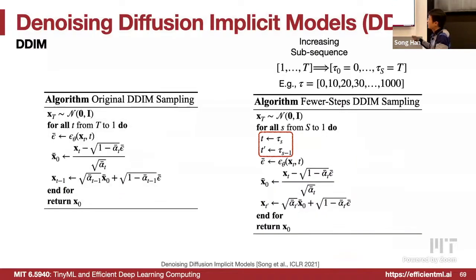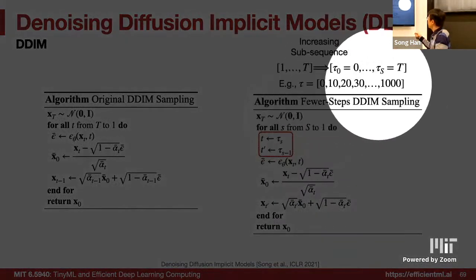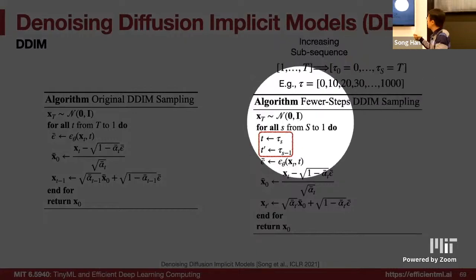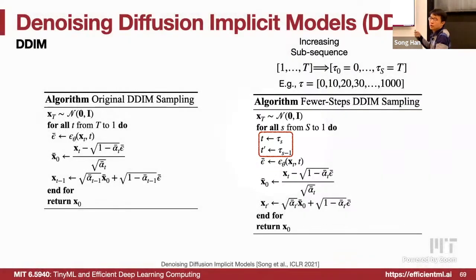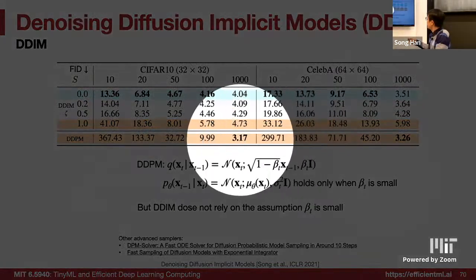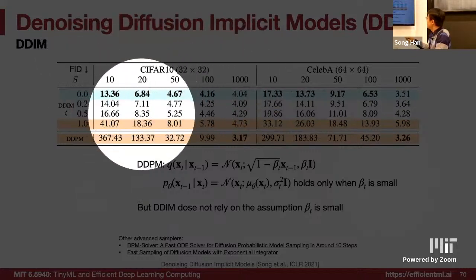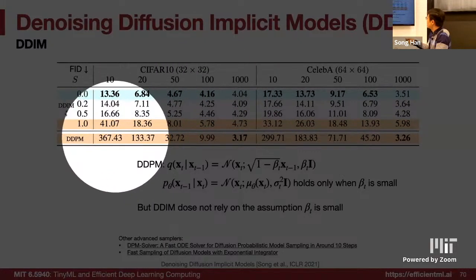So we can have a larger stride of timesteps, like 0, 10, 20, 30, up to 1,000. Previously, we just made one time step increment. Now we can make increments of 10 to accelerate the denoising process. In the original DDPM, if you reduce the number of steps from 1,000 to 20 or 10, the FID will explode.